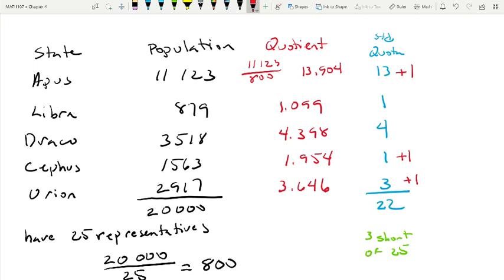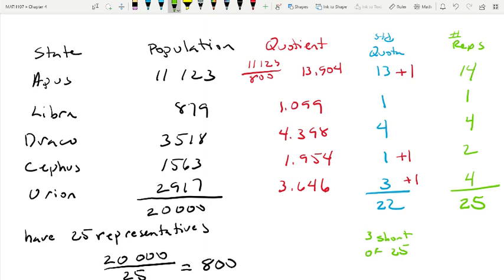And so now we get to our final tally of the number of reps. Apis gets 14, Libra 1, Draco has 4, Cephas has 2, and Orion would have 4. If we add that up now, we have 14, 15, 19, we now get 25.